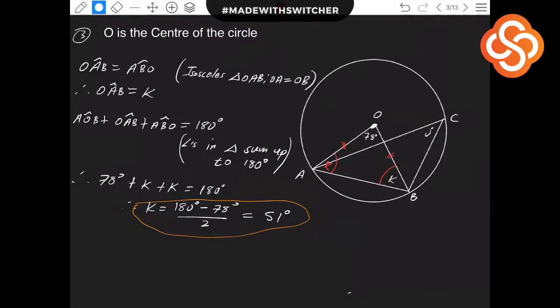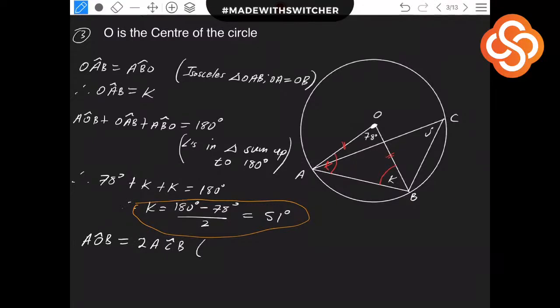Also, angle ACB is subtended from the same chord or the same arc. So therefore, there's a theorem that says the angle at the center, AOB, is twice the angle at the circumference, which is angle ACB.